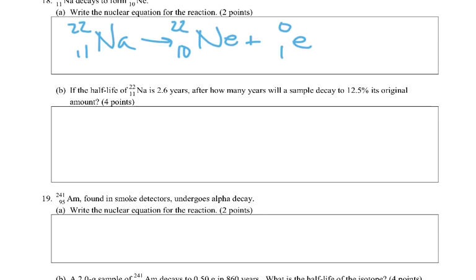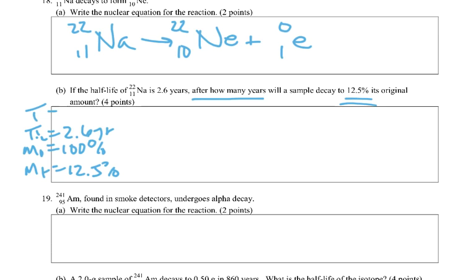And part B, if the half-life of this stuff is 2.6 years, after how many years will the sample decay to 12.5%? Okay, since we're talking about percent, that means our original mass is 100%, our mass at time t is 12.5%, and the half-life is 2.6 years.